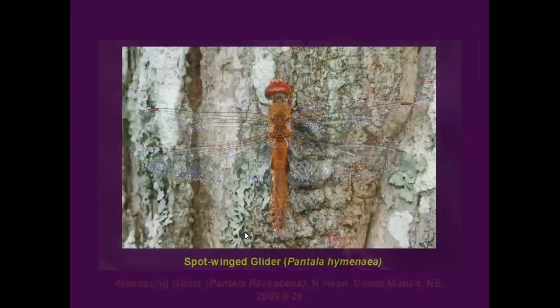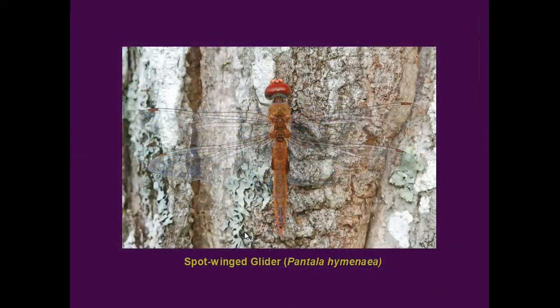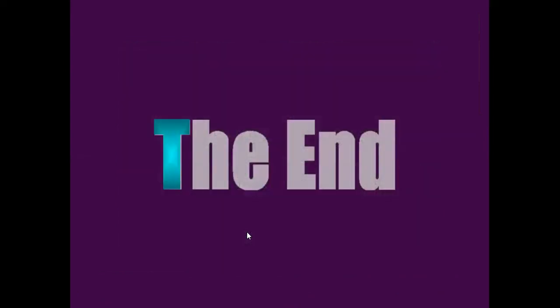And the spot-winged glider, which was really abundant this spring, in June and July, into the early summer, it's also a migrant. So that's the end of the species, and my rambling on about species of dragonflies.